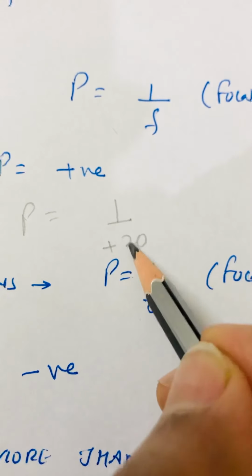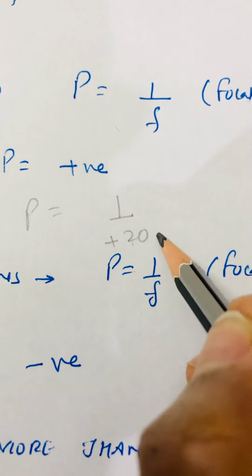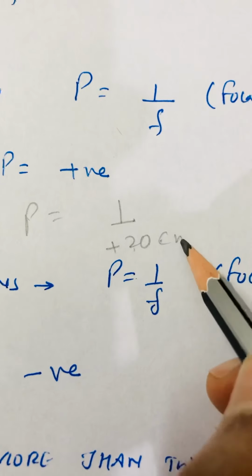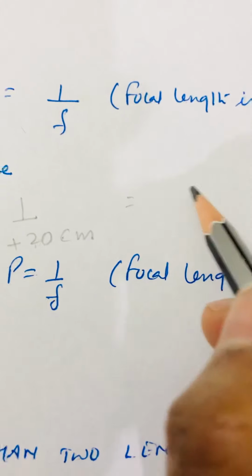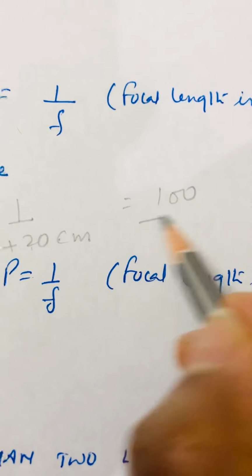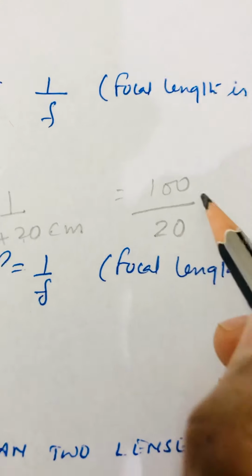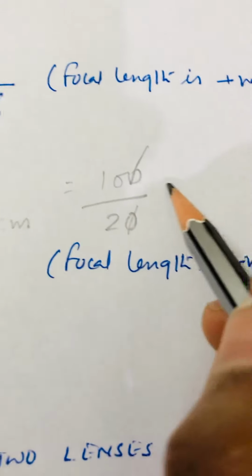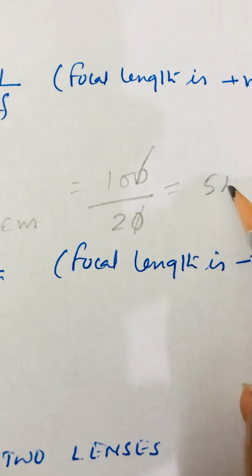Now if you are taking focal length in centimeters, then the formula changes to 100 upon focal length. Cancelling, you get 5 diopter.